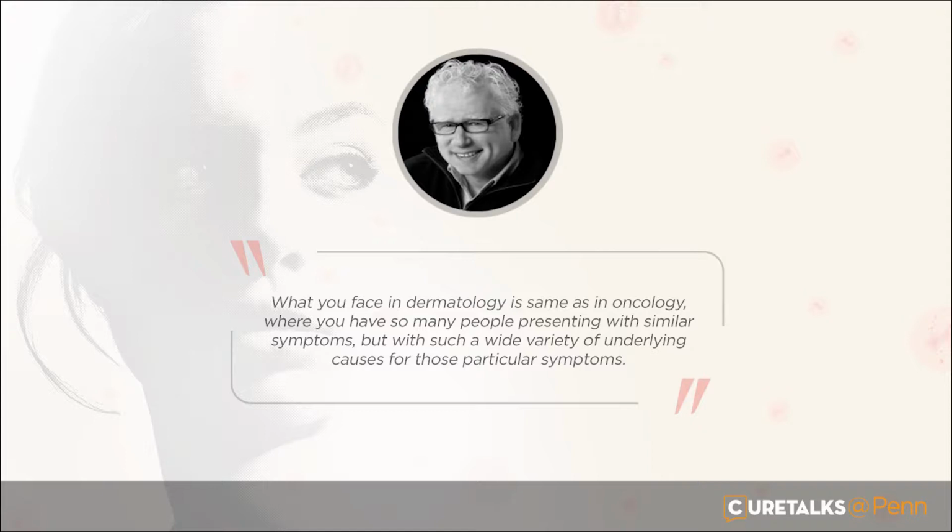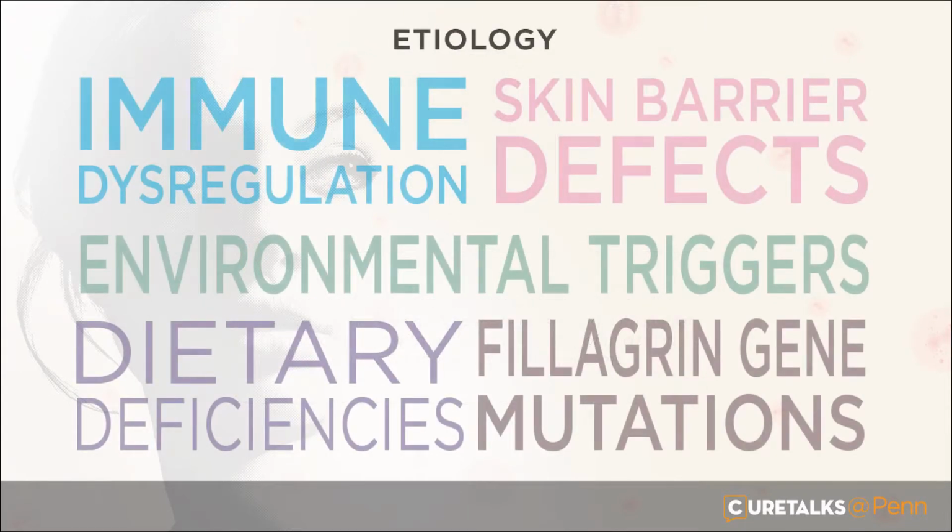Mm-hmm. At this point, I would like to take one of the first questions that came in via email: would it be right to say that eczema is 80% genetic and 20% environmental? Yeah, I would be careful about attributing so much of a genetic component to atopic dermatitis as a primary genetic disease.